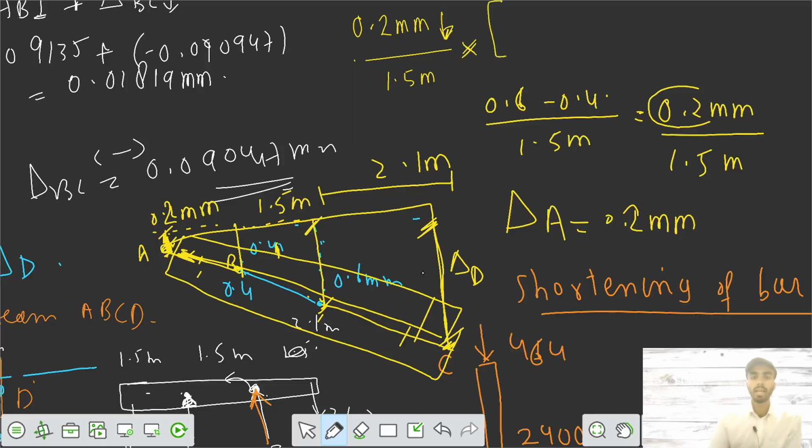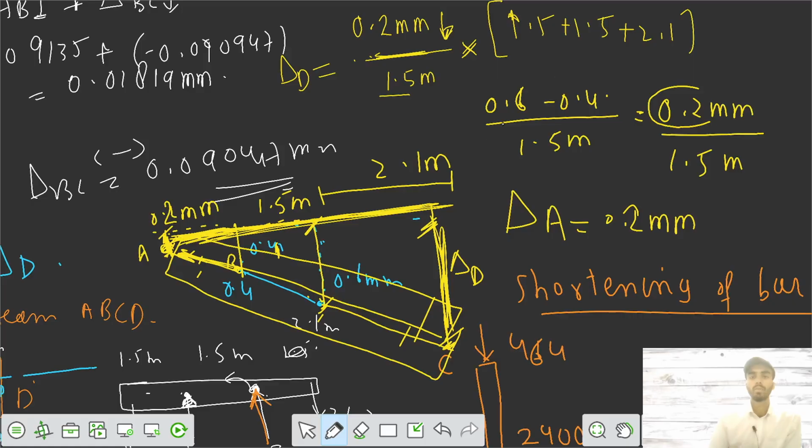To calculate for the entire length, delta D equals 0.2 mm per 1.5 meter times (1.5 plus 1.5 plus 2.1) meter. That comes out to be 0.88 mm downwards. That was your answer.